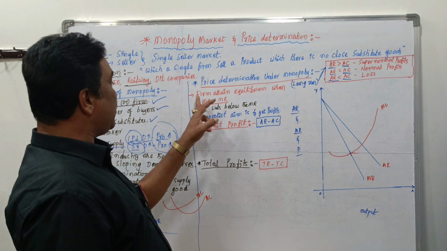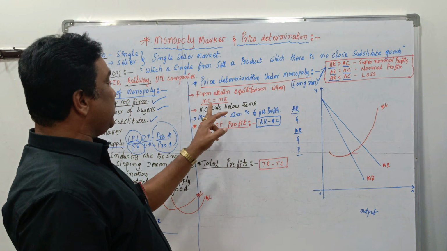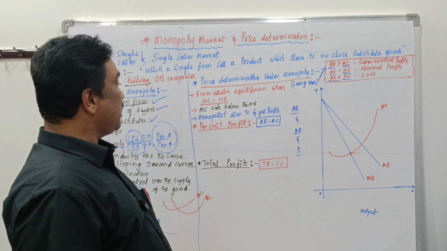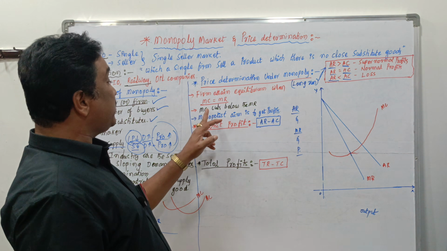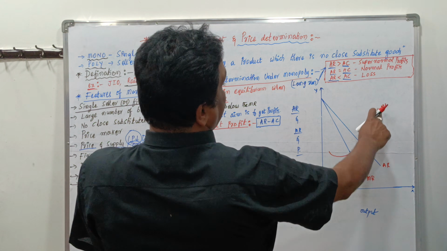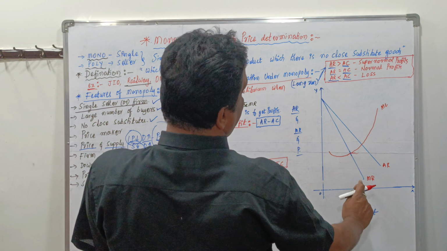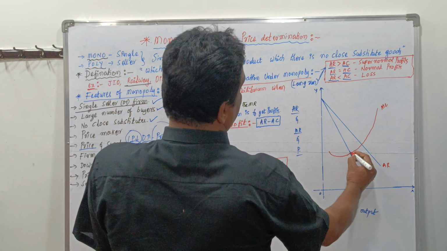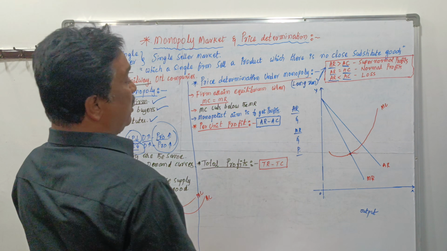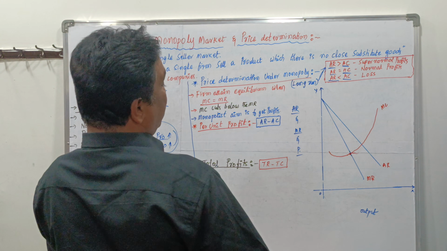First, the firm attains equilibrium when marginal cost is equal to marginal revenue. Second, the MC curve cuts the MR from below. That is the second important condition. At that point, the firm attains equilibrium.